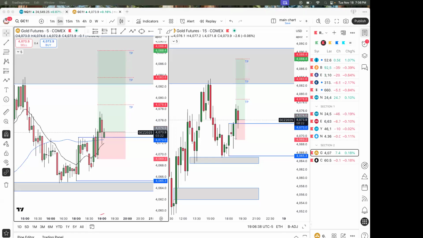You're waiting for a fake out first, because normally it's consolidating. So the concept of ICC is it consolidates, then prints a manipulation, going in one direction, and then goes into a continuation in the other direction. That's the concept of ICC.